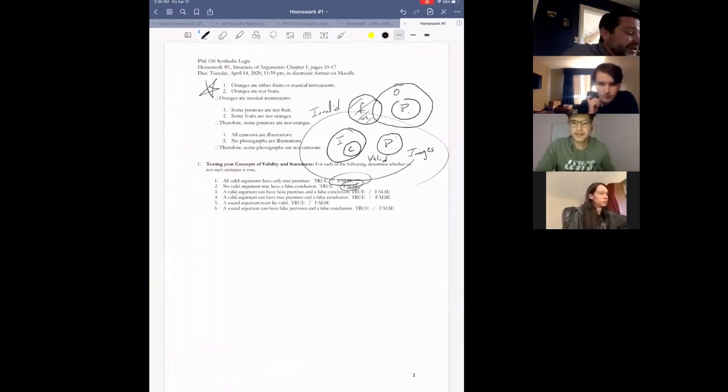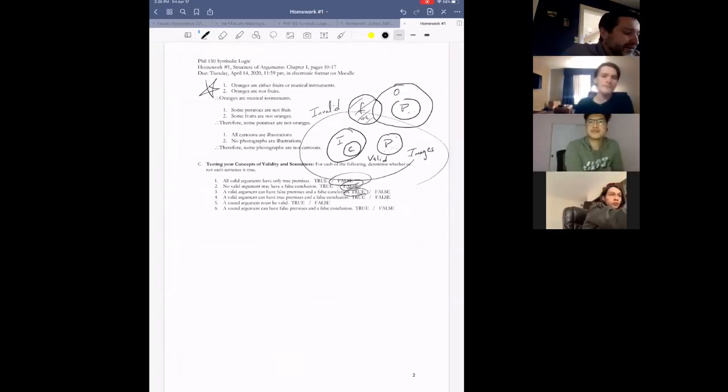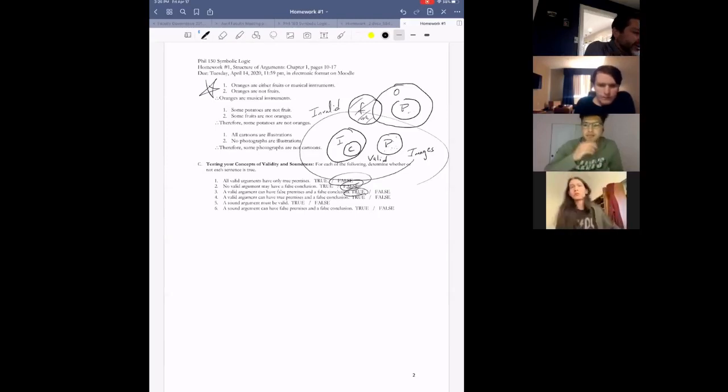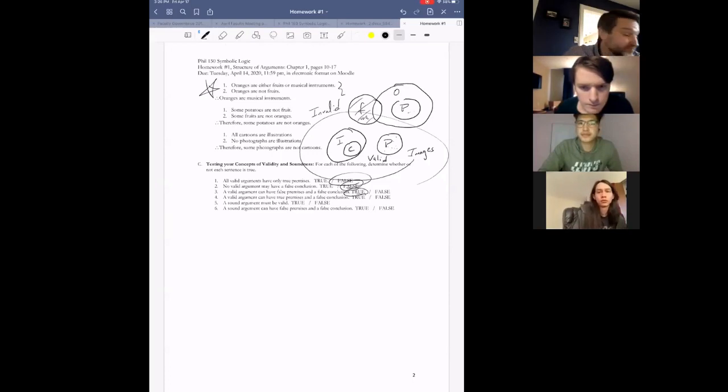A valid argument can have false premises and a false conclusion. Yeah, that one's true. Look at this one, which is another example of that as well. Actually, premise one is true, but forget that. It's close enough. It has a false premise and a false conclusion.